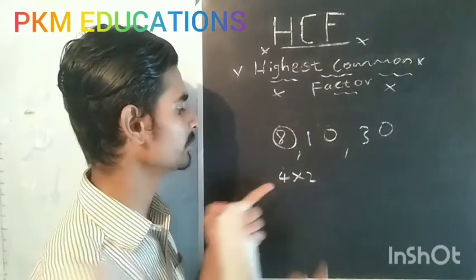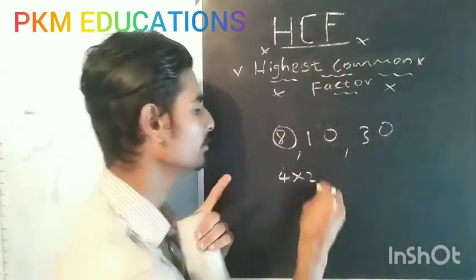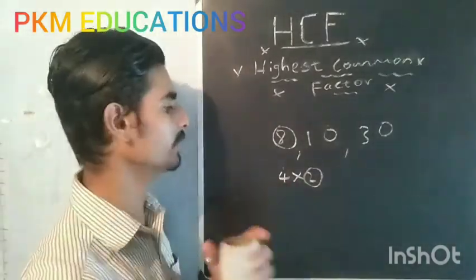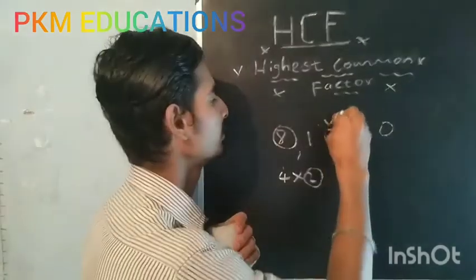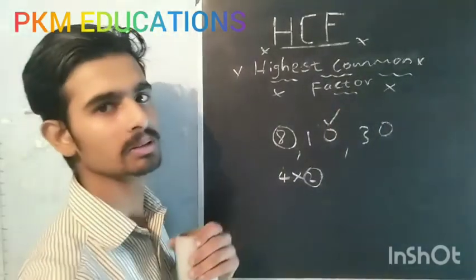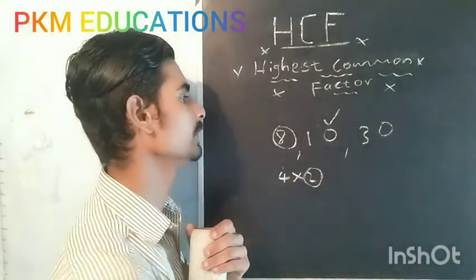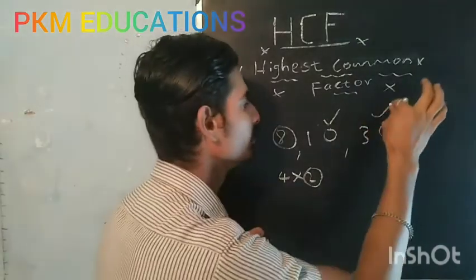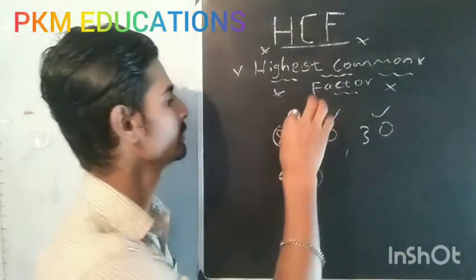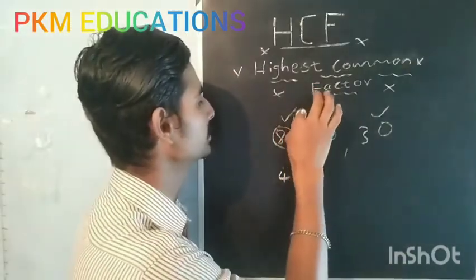What is the nearest value? 2 into 4 is 8, and 2 is the other nearest value. Then check the divisibility. 2 is divisible in 10, 5 times. And 15 into 2 is 30. That is also divisible. 2 in 8 is also divisible 4 times.